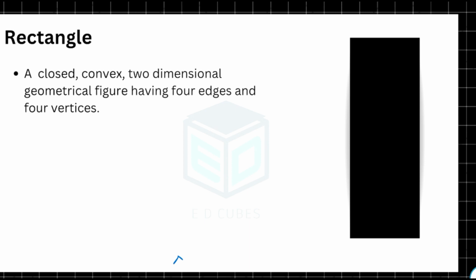In order to tell about it, we would say: a closed, convex, two-dimensional geometrical figure having four edges and four vertices. Closed means something which is not open.